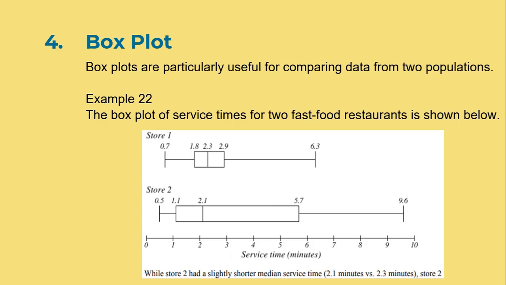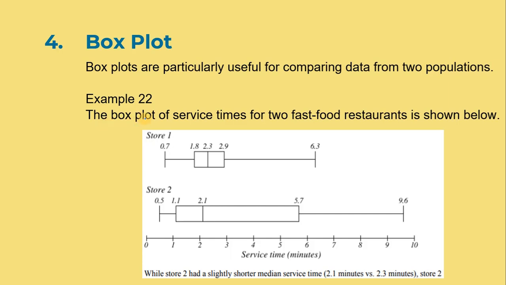You can also compare two sets of data. A box plot is useful to see, for example, how wide the two types of data are. So this one, and then this one is wide, somewhat spread.